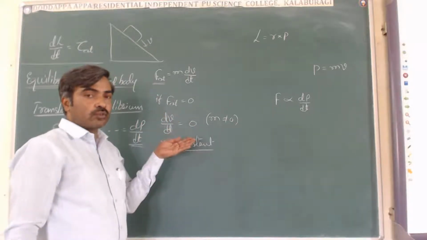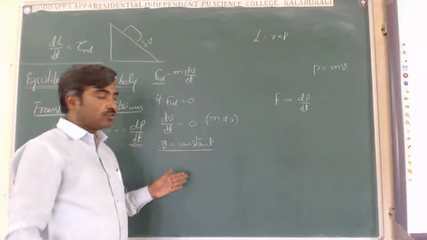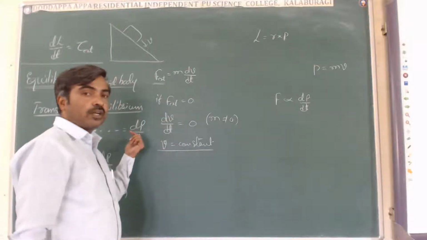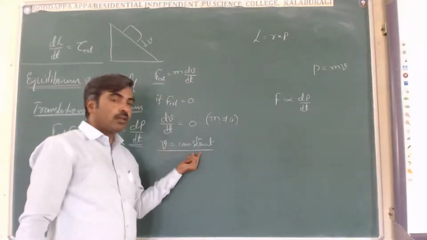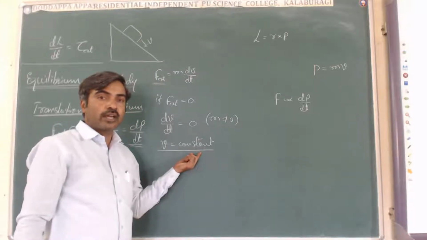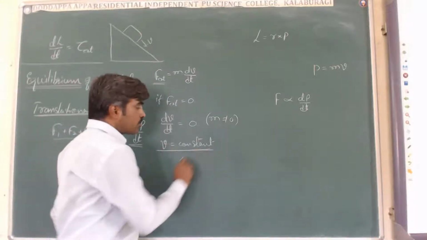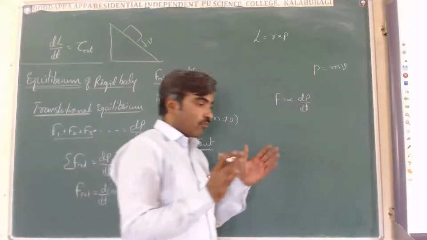If the external force is 0, it does not change the linear momentum, so the body is moving with a constant velocity. This we call translational equilibrium.